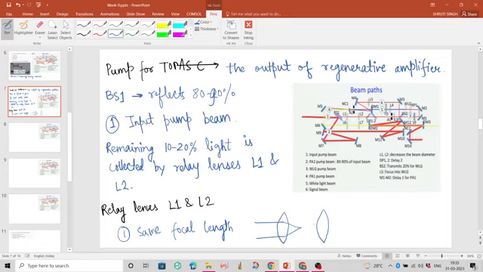After this, the beam will diverge from this point, and it will come like this. For the same convex lens, when a beam comes from the focal point of the lens, it goes parallel after the lens.